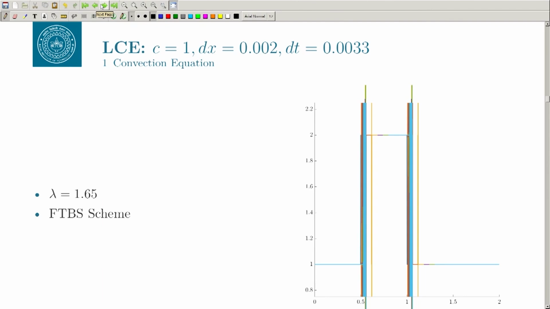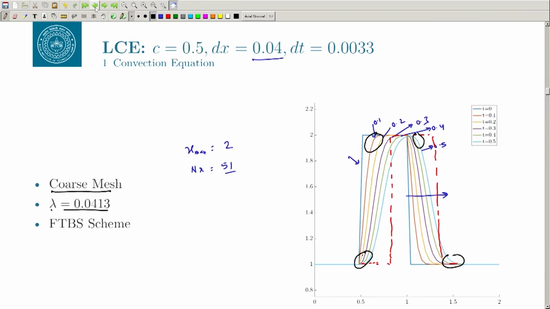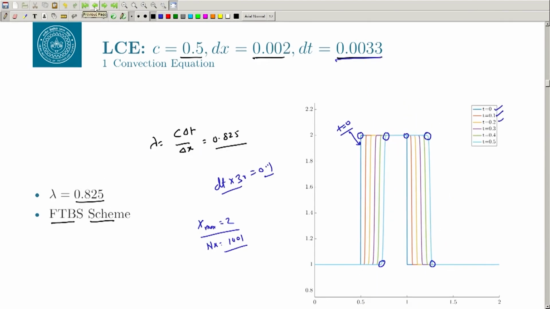What is happening here? Here we have basically increased the convection speed. So, now my C is equal to 1, and I kept my dx and dt as it was in the earlier slide. It was 0.825, that time the lambda was 0.825.